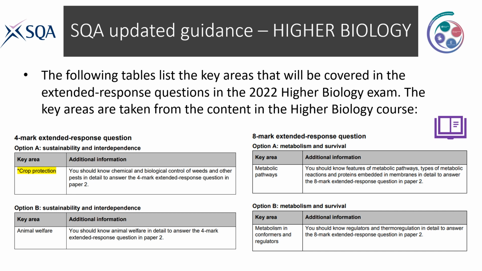For the 8-mark question, you should know either features of metabolic pathways, types of metabolic pathways and proteins embedded in membranes, or you should know regulators and thermoregulation in detail. This lesson will cover all the information you require to answer these questions in detail to achieve maximum marks.